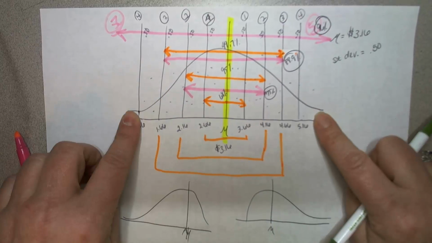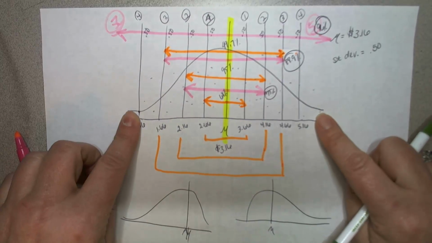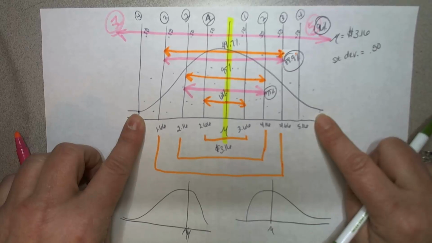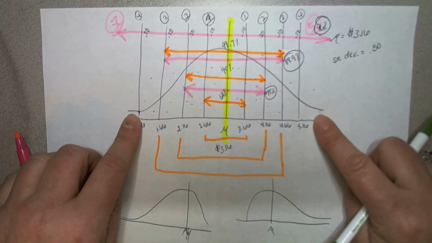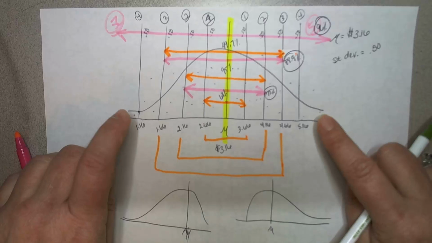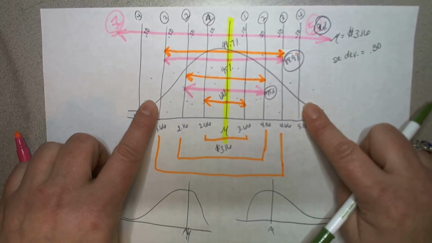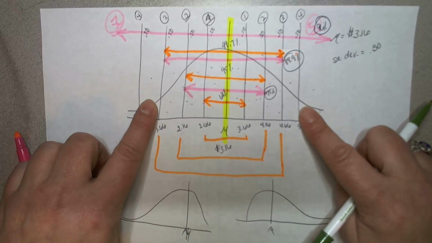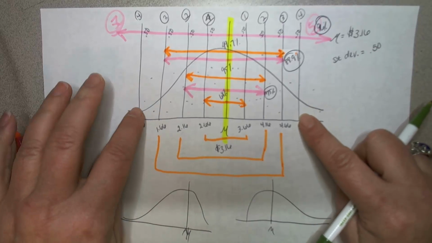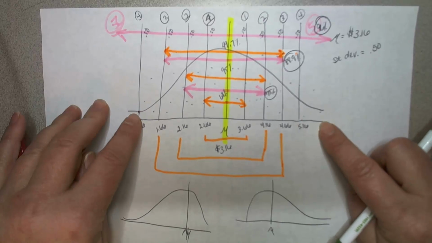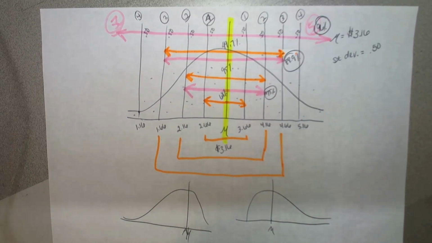So if it's symmetrical, we use the empirical rule, and if it is shaped a little differently, we would probably do better to rely on Chebyshev's theorem. So I hope this helps you understand, with giving you the background information in the original video. I hope that this helps you understand exactly what a standard deviation is, and that it does have a physical location in the distribution curve.